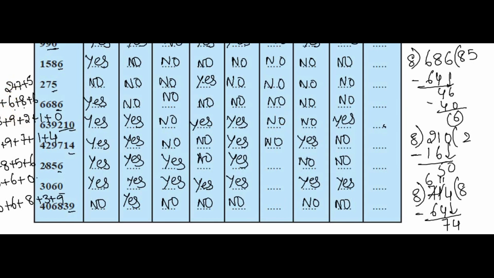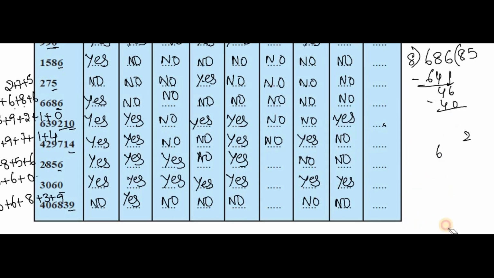One second, I'll just use this eraser to rub this. And now the next number is again 856. 8 ones are 8.